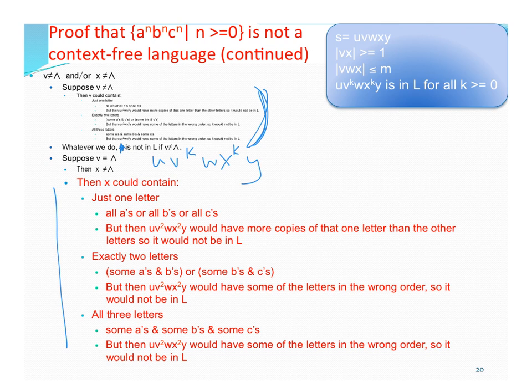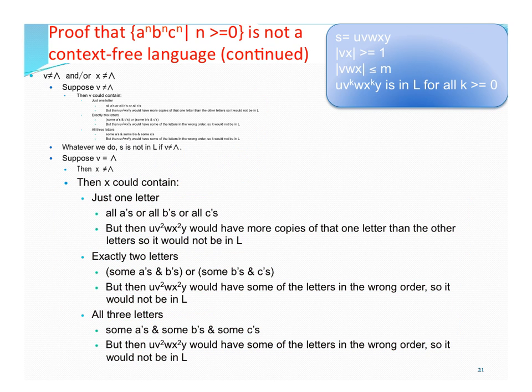Just pause this and look at it. But what could X be? X could be just one letter, but same reason why V couldn't be just one letter. Or X could be exactly two letters, but same reason why V couldn't be two letters. Or X could be all three letters, but same reasons again. So where are we, right?